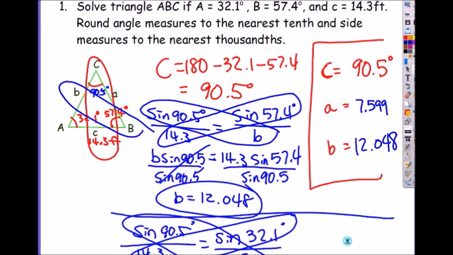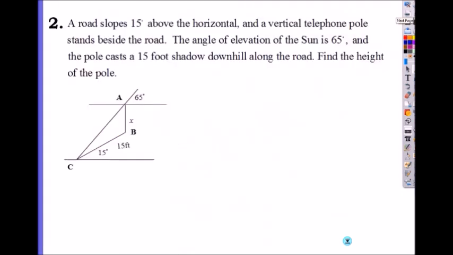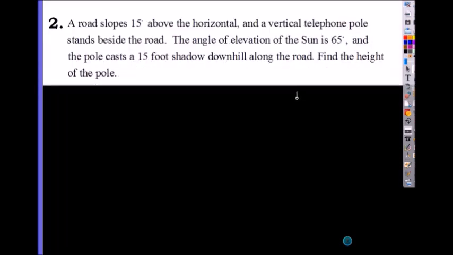Try number 2. So here, first cover the diagram. This is our first time trying the word problem with law of sine. So I provided the diagram, but first cover it and see whether you can come up with the diagram. Okay?